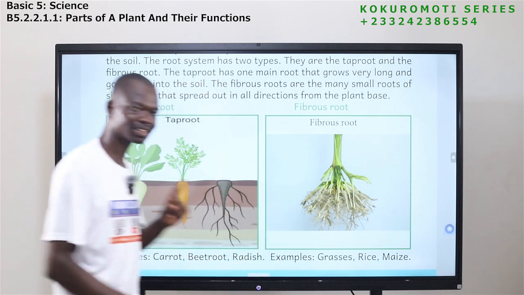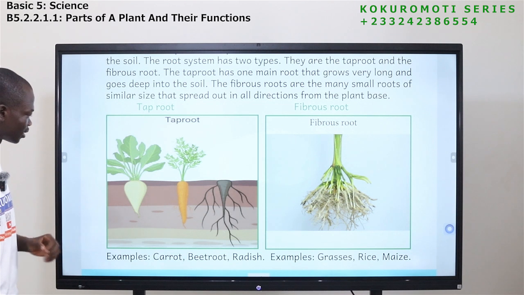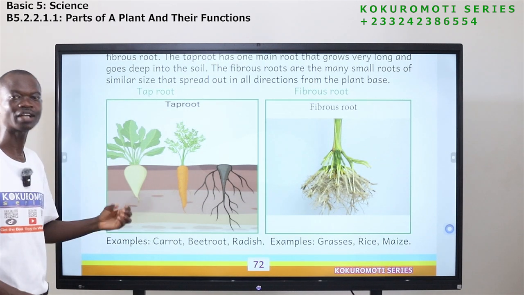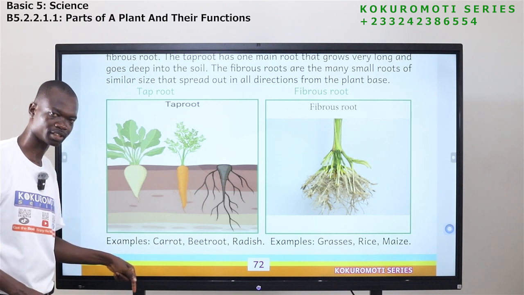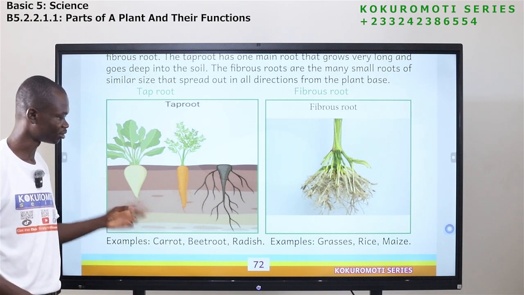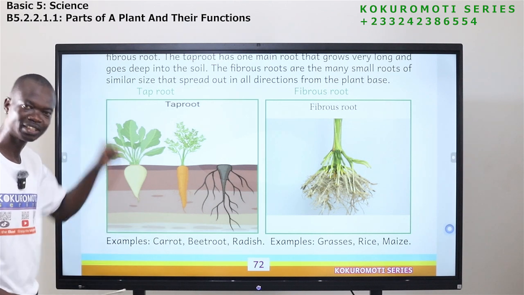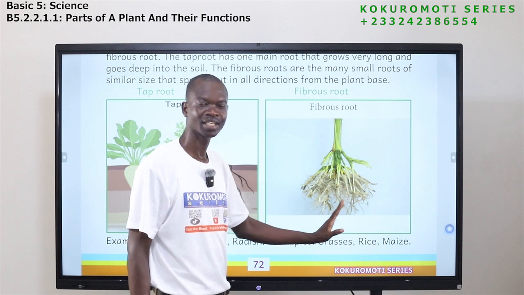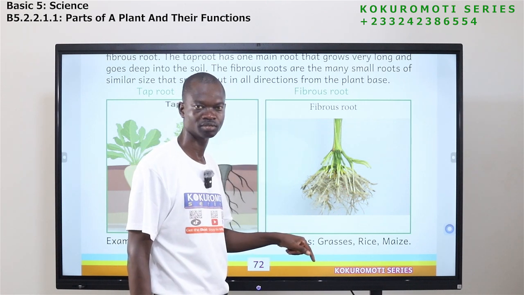Roots. The second thing that you can give as a difference is that the tap root system has one main root that goes deep down the soil. But fibrous root system doesn't have one main root that goes deep down the soil.